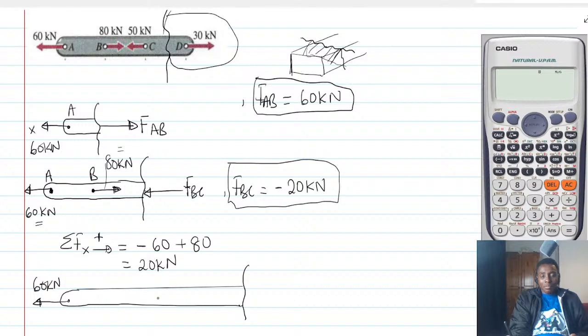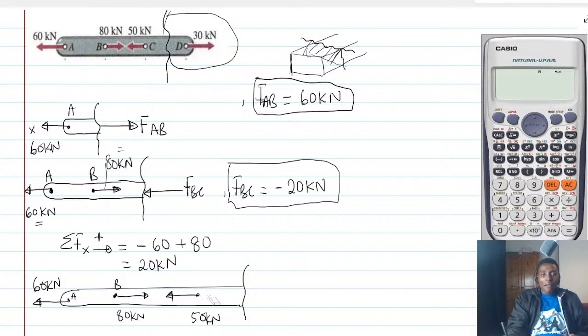Now, so A, B, which is 80 kilonewton, and we have to indicate C. So this is B, that is C. So A, B, C. So C is 50 kilonewton. Alright. So then you begin to ask yourself.